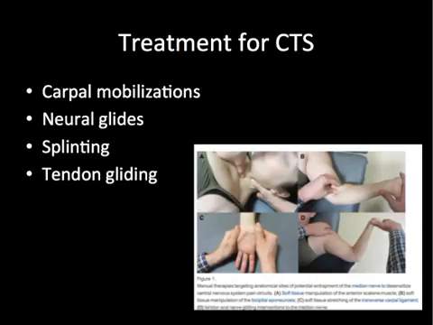So treatment for carpal tunnel syndrome, a bit disappointing for the PT side this week. We are just not winning the war against surgery in this realm. So we looked at carpal mobilizations, neural glides, splinting, and tendon gliding, all having very modest effects, and many of those not reaching statistical significance.